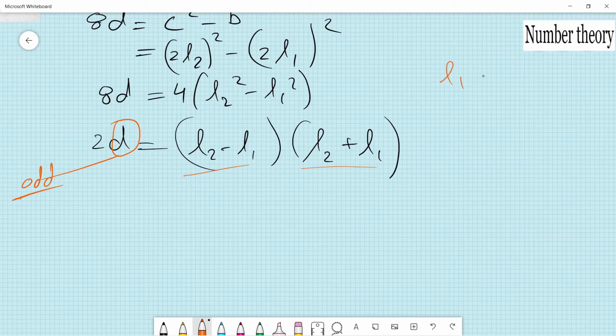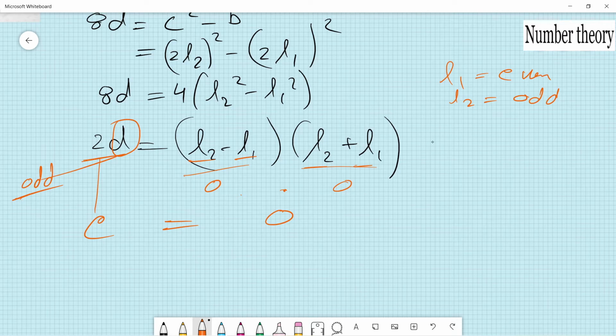Say L1 is even, L2 is odd. So odd minus even, odd. Odd plus even, odd. So odd multiplied by odd will be odd. And this side is even because 2 is here. So even equals odd. This cannot be true. So the parity cannot be opposite.